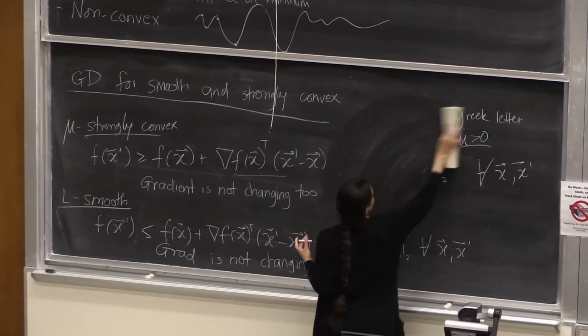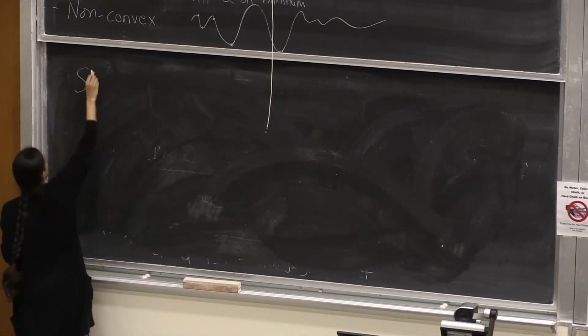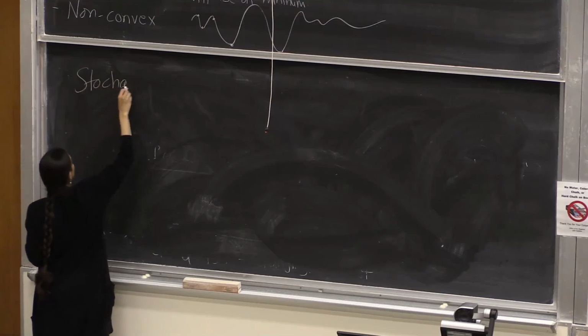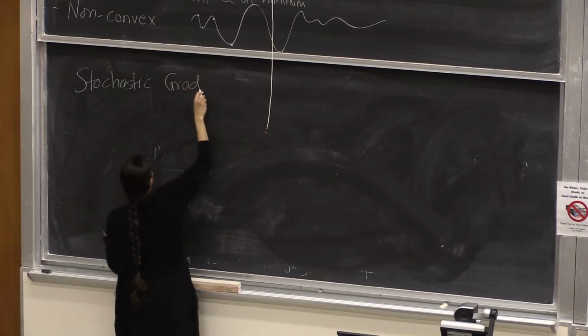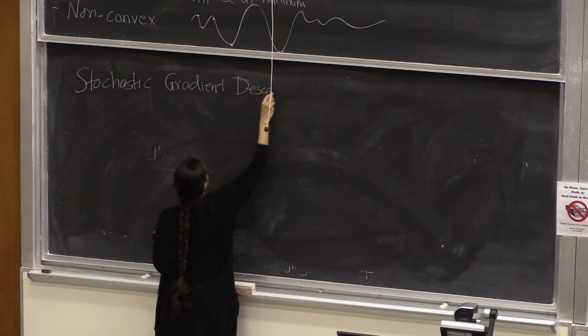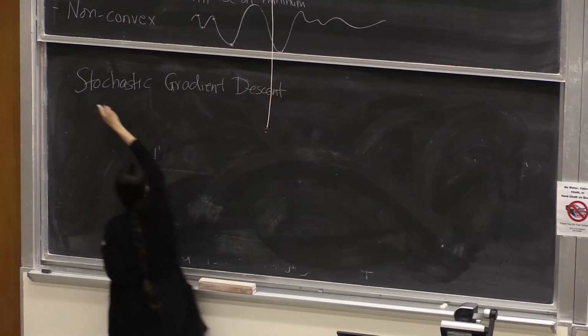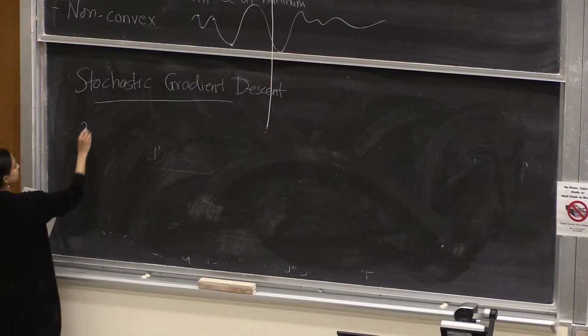So what I want to introduce you to next is the idea of stochastic gradient descent. So gradient descent says the following, right?